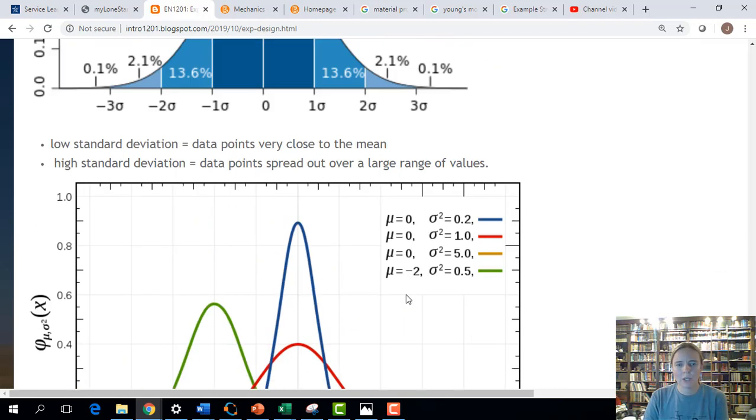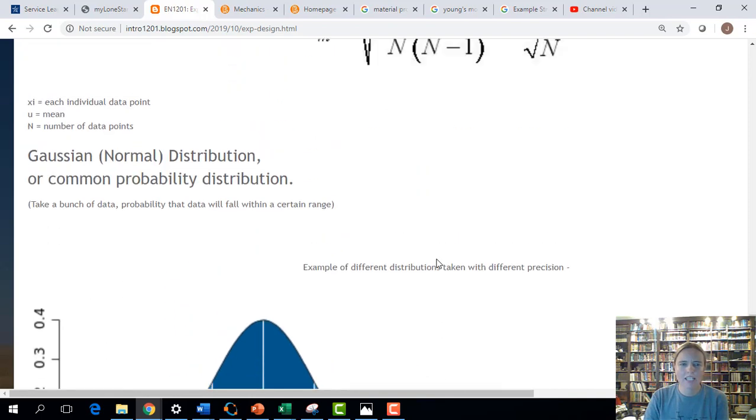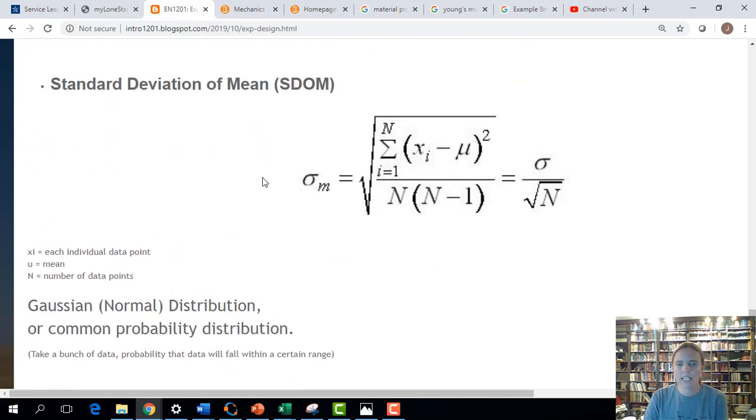But when you report a number and you say plus or minus 5 degrees or plus or minus 3, what you're describing is how wide this distribution is. So you're telling your user what your standard deviation in that data is.